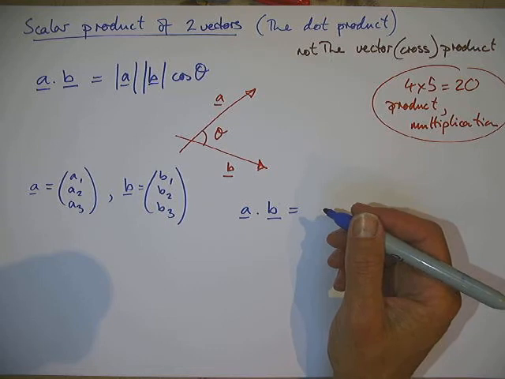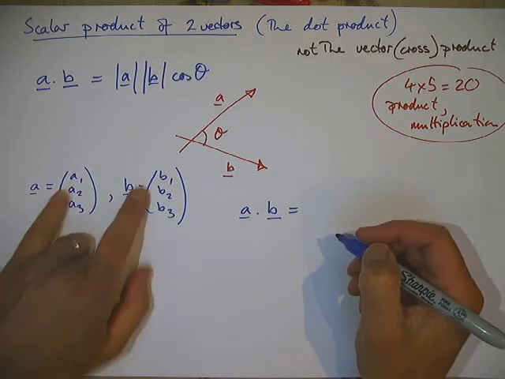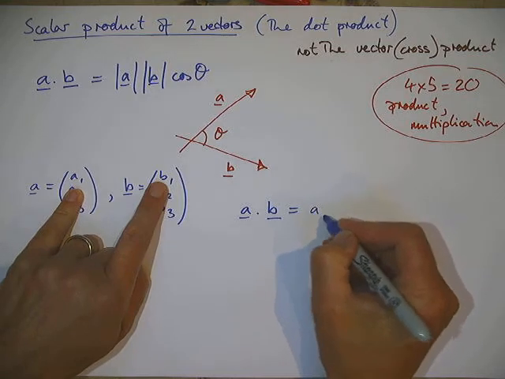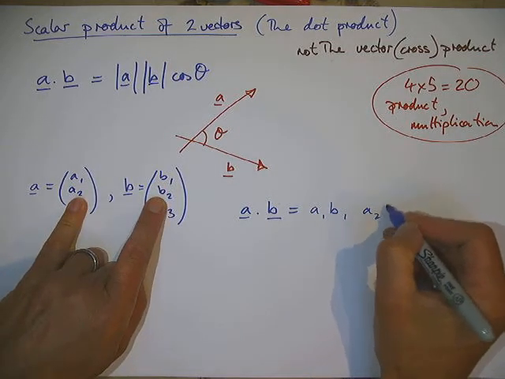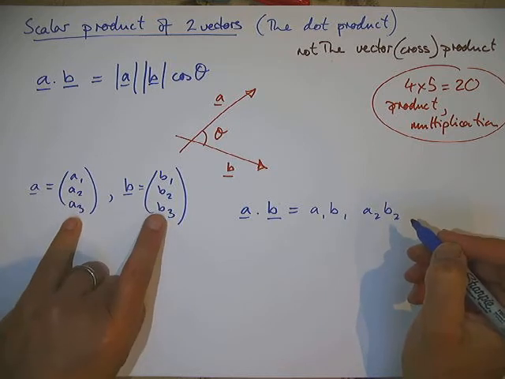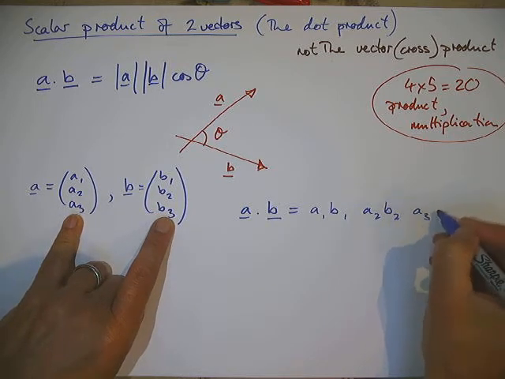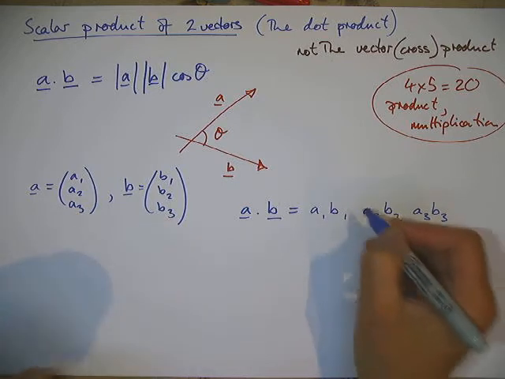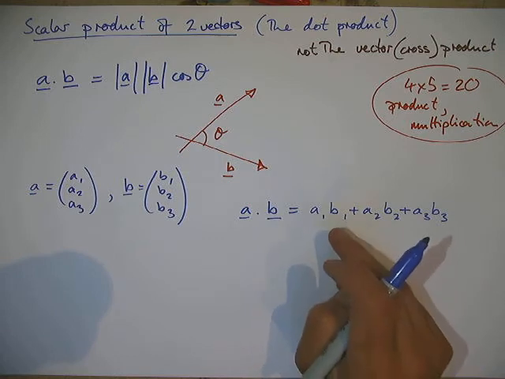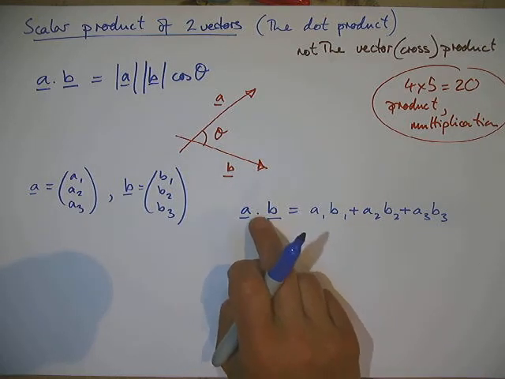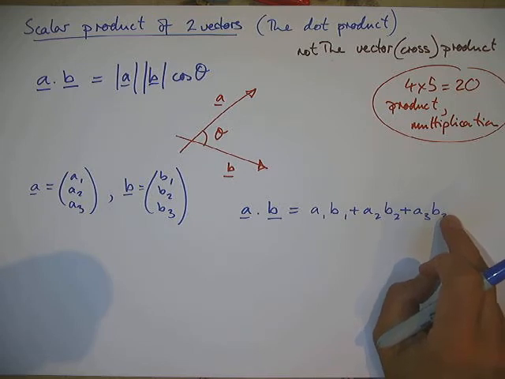It's the sum of the products of these corresponding components. So it's the I components multiplied, the J components multiplied, and it's the K components multiplied. The product of those corresponding pairs, the sum of them. Okay? And notice a vector dotted with a vector gives a scalar answer.